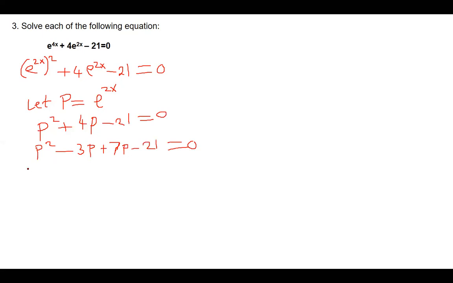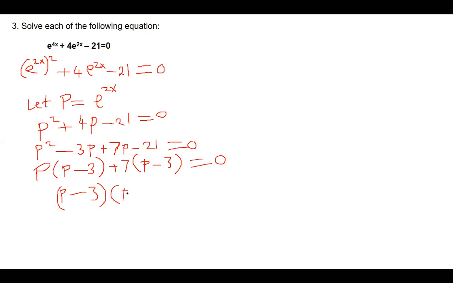So from there we can now factorize. We factor out the p here, so we're going to remain with p minus 3, and then here we factor out the positive 7, so we're going to have p minus 3 being equal to 0. So there we now write p minus 3, and we have another p plus 7 being equal to 0.